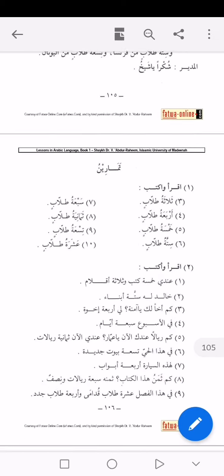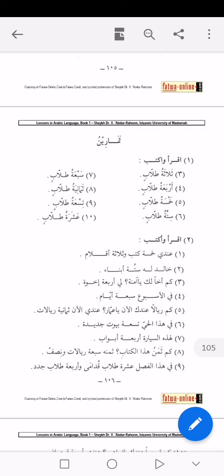Exercise: read and write down. 3 students, 4 students. So you have to note when you are writing the number and the counted thing. Salasatu is the number, and what you are counting is tullabin.